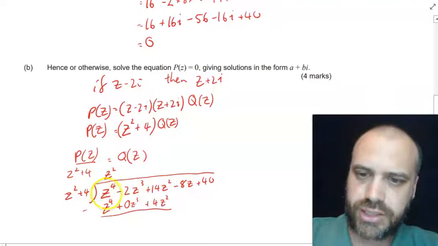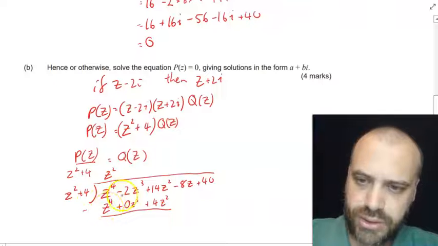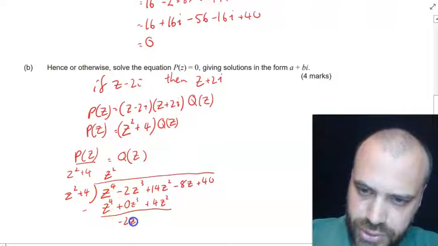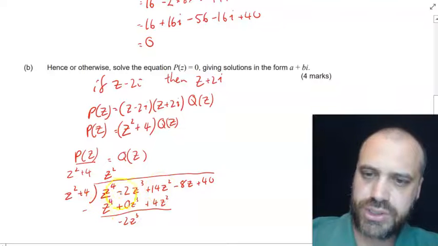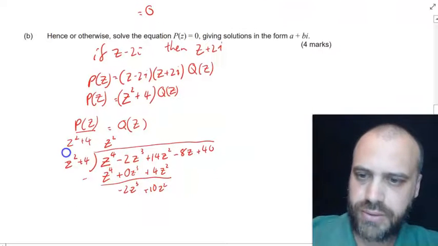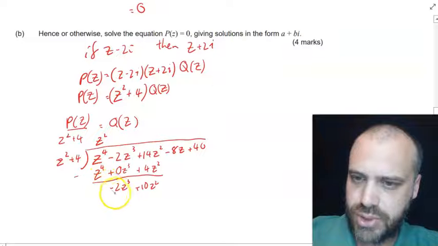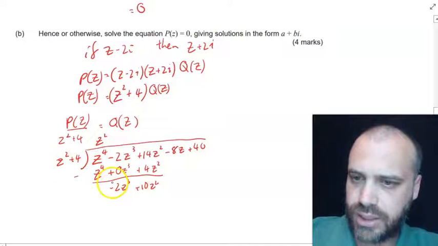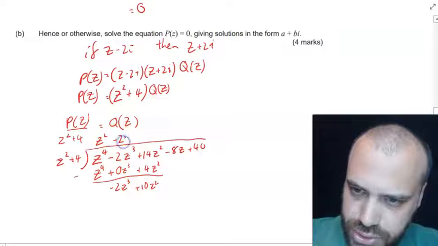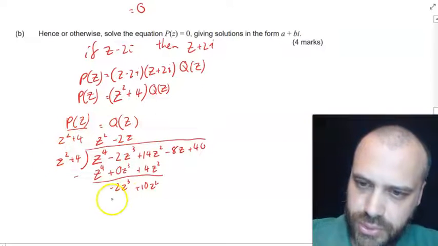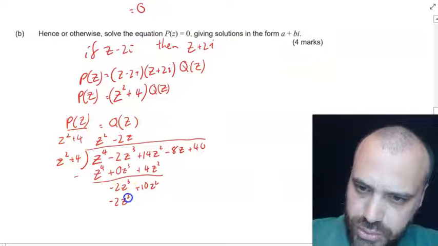Subtracting them, z to the 4 minus z to the 4, we get 0. Minus 2z cubed minus 0, we get negative 2z cubed. And 14z squared minus 4z squared, we get 10z squared. Continuing on here, minus 2z cubed divided by z squared, we'll get minus 2z. Minus 2z times z squared, we'll get minus 2z cubed.